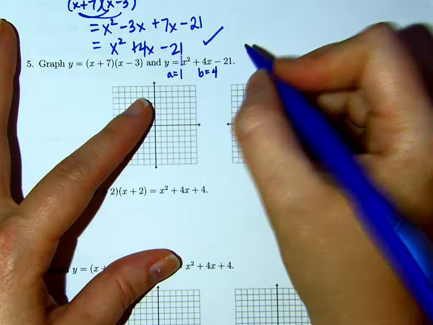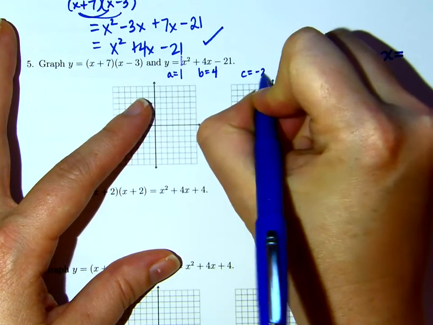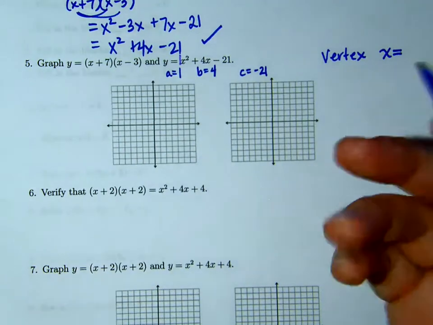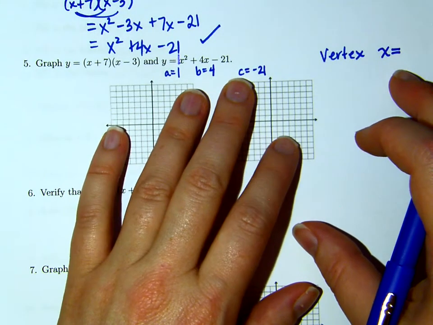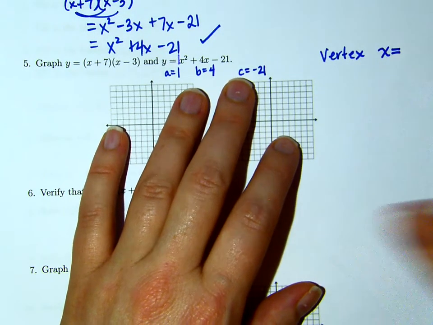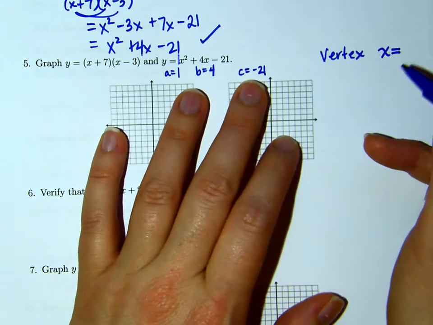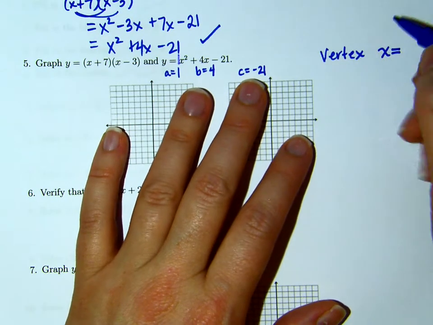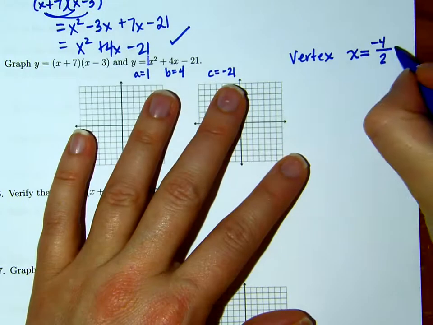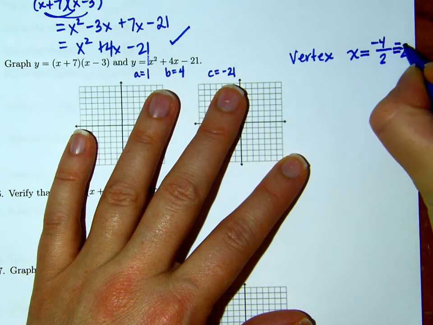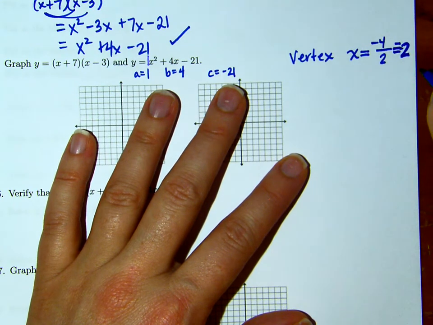There are 4 x's and negative 21 regular units. Okay. Let's see, more or less, I guess. Opposite of b is negative 4 over double the a is 2. That is negative 2. Wow, that was really tricky to write.